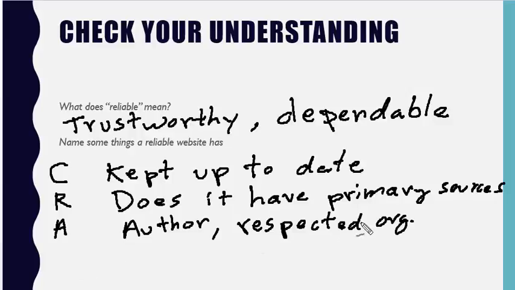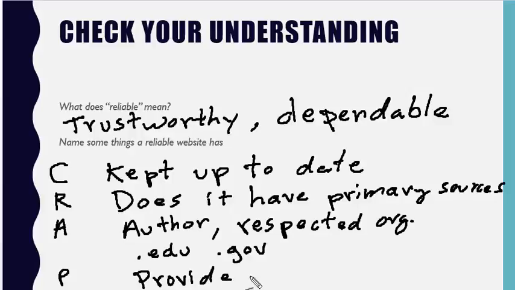And then if it ends in .edu or .gov, that's good, right? And then finally P, so those are 3 A's, and finally P stands for purpose. That's right, purpose. And we wanted it to be to provide, you remember what it was? Information. That's right, we'll just put info for now.